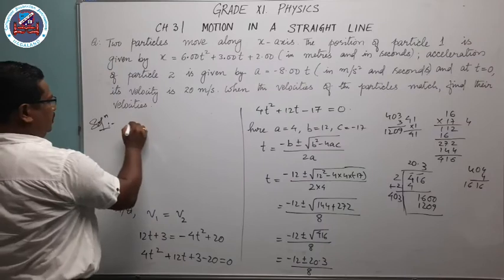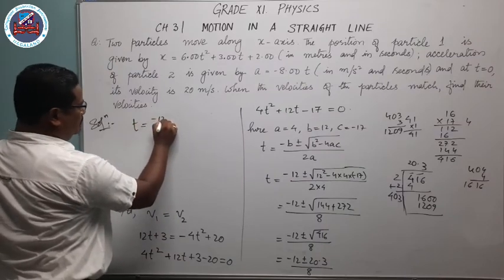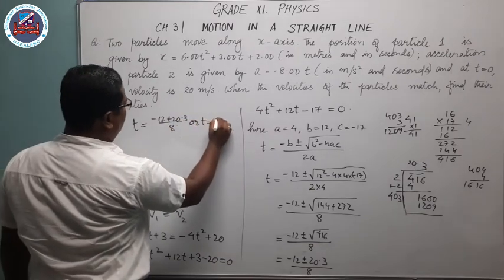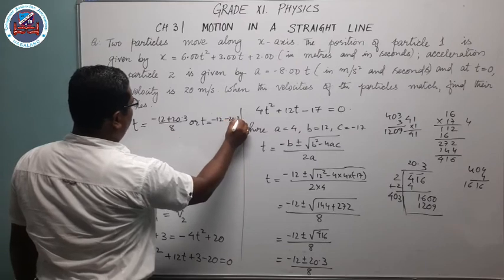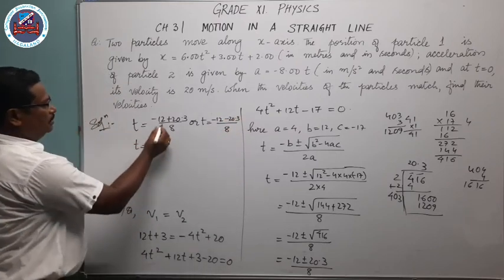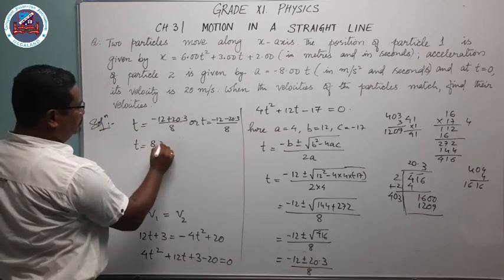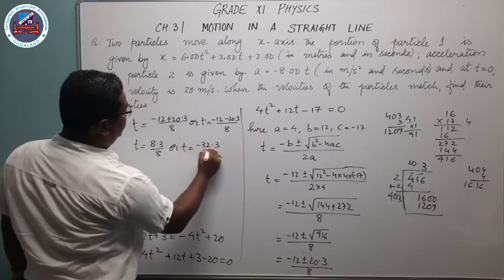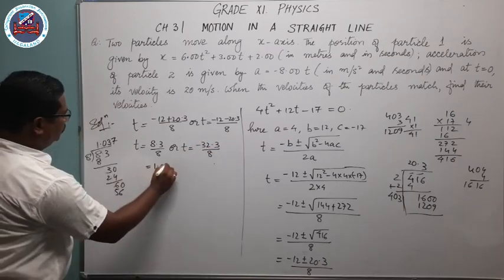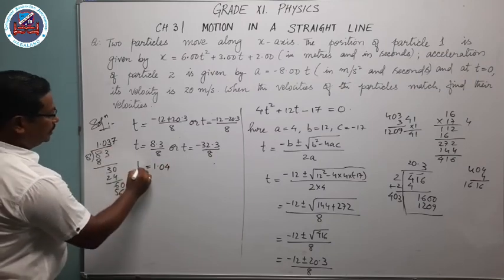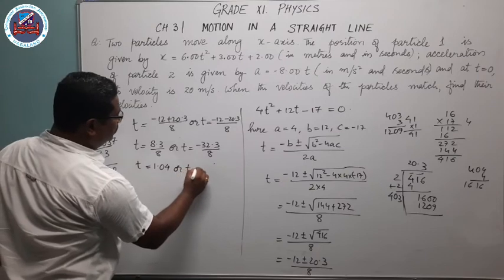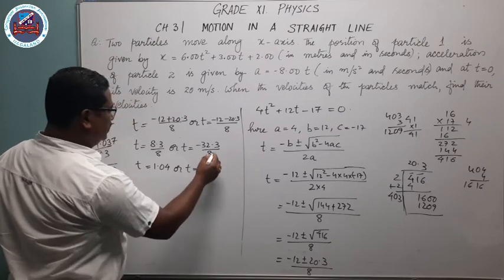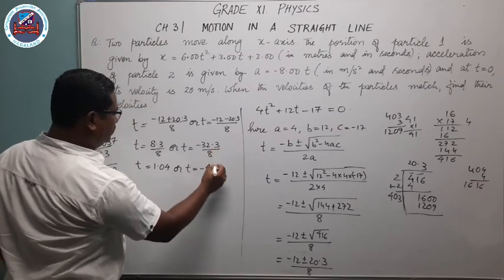Now let us calculate. T is equal to minus 12 plus 20.3 divided by 8, or T is equal to minus 12 minus 20.3 divided by 8. So T is equal to 8.3 divided by 8, which is 1.04 if you round off to 2 digits after decimal, or T is equal to minus 32.3 divided by 8, which is about minus 4.04.